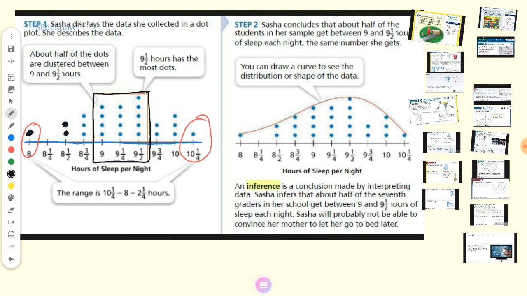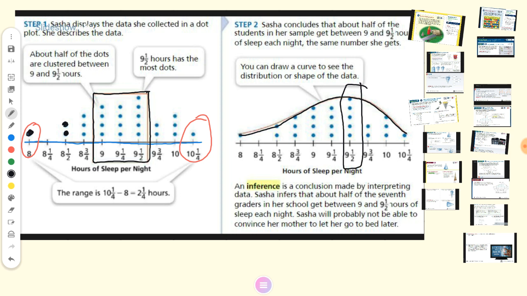You can draw a curve to see the distribution or the shape of the data. If you connect all the top dots together, you'll find the shape. The most common answer is sleeping exactly 9.5 hours, as Sasha's mom said.